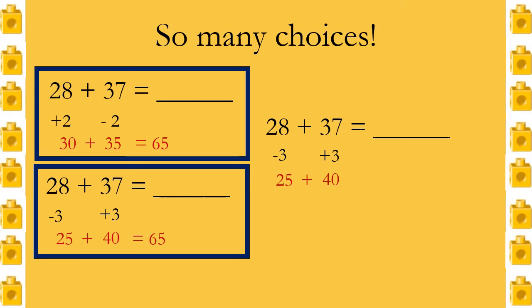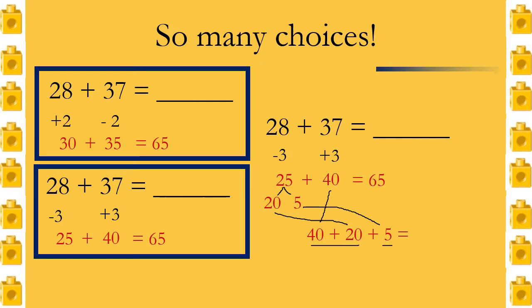And we can break it down even more. 25 can be broken down into 2 tens and a 5, or 20 and a 5. And then we could take that 40, that 20, and that 5. 40 plus 20 plus 5, which some people would think is easier because they can add two zero numbers, 40 plus 20, and then just add 5.